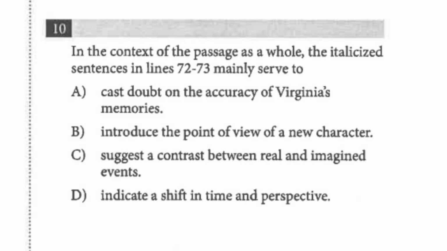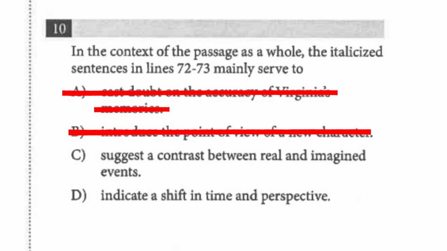We have absolutely no proof here that she is casting doubt, so A is wrong. B: Introduce the point of view of a new character. Well, it is introducing a point of view, but it's not of a new character. So this word, "new," basically makes this answer choice incorrect, a very typical trap. And then there are these 2 answer choices.